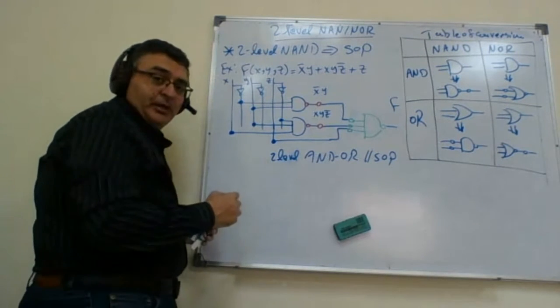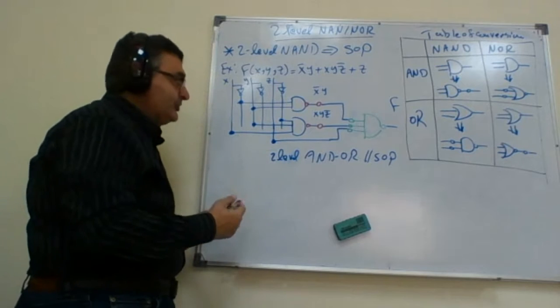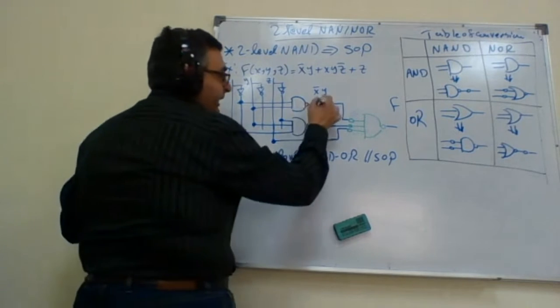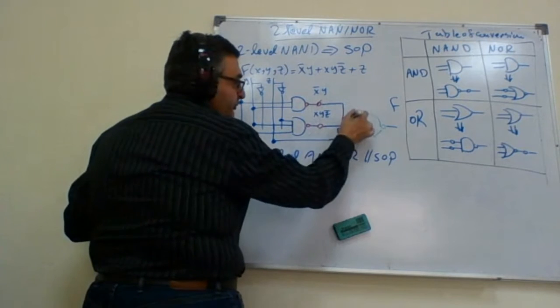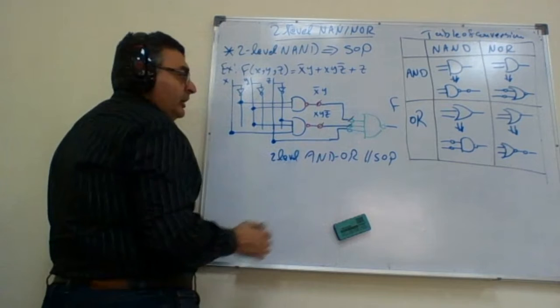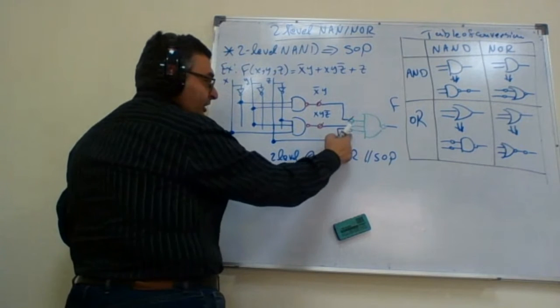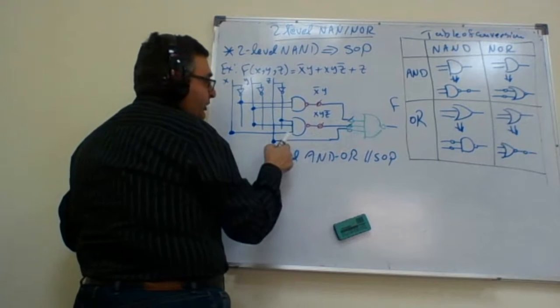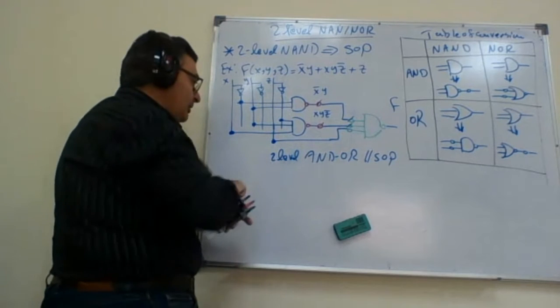Now I will just make the cancellations. Two inverters at this wire cancel each other. So those two inverters will cancel each other. Those two inverters will cancel each other. This inverter means instead of being connected to Z, I want it connected to Z bar.